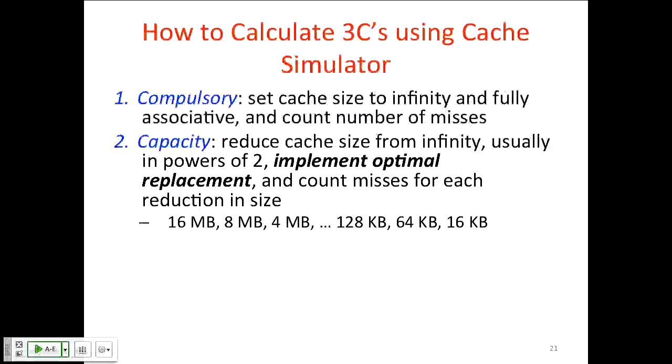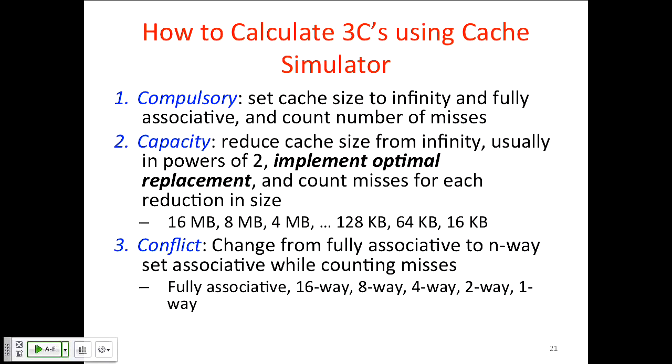So that's a capacity miss. Now those misses you tag as capacity misses, and you're done with those. Everything that's left is a conflict miss. So that's basically how you would, for a given program with a given set of input data running on some system, figure out which are capacity misses, which are compulsory misses, and which are conflict misses. That's strictly speaking how you do this. This is the correct definition.